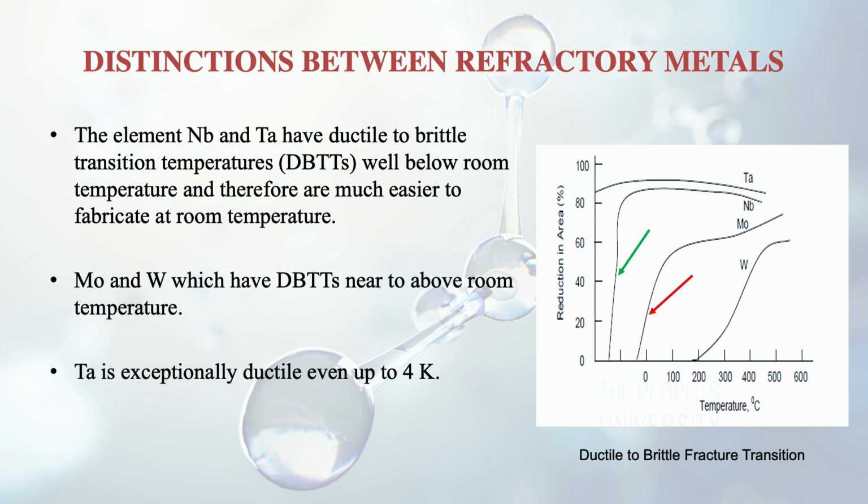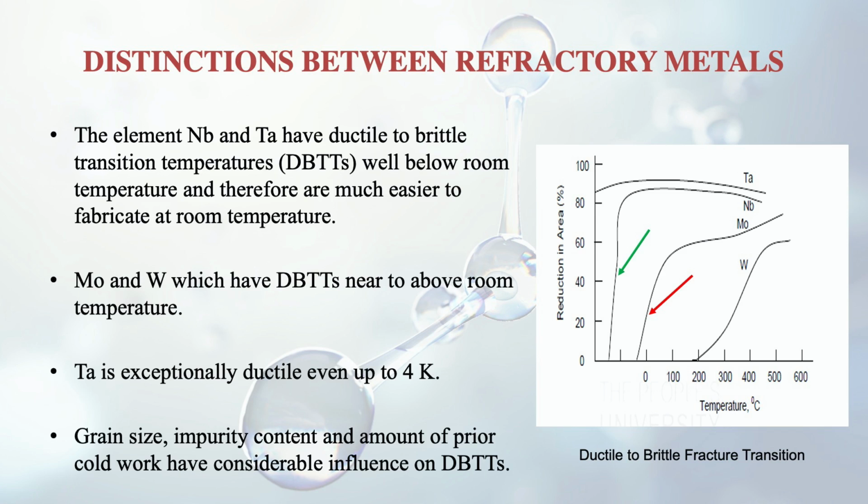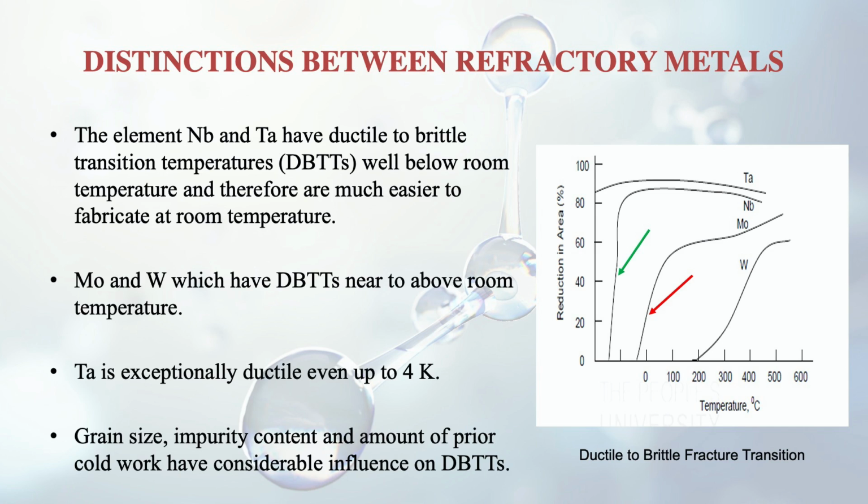And we can see that grain size, impurity content and amount of prior cold work also have considerable influence on DBTTs. So DBTT can change if we are doing some cold work or there is some impurity. So it is not a fixed thing, but still Mo and W have DBTTs very near to room temperature, as you can see from the curve also.